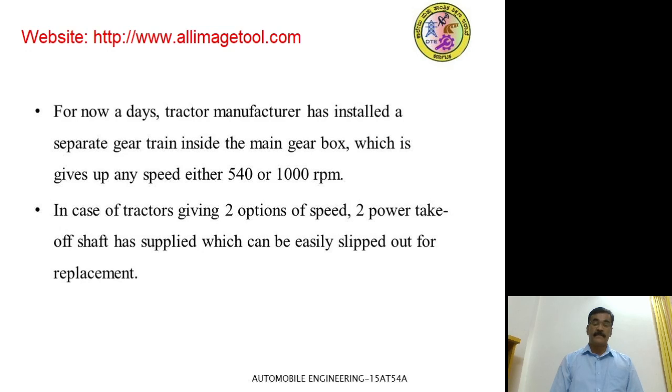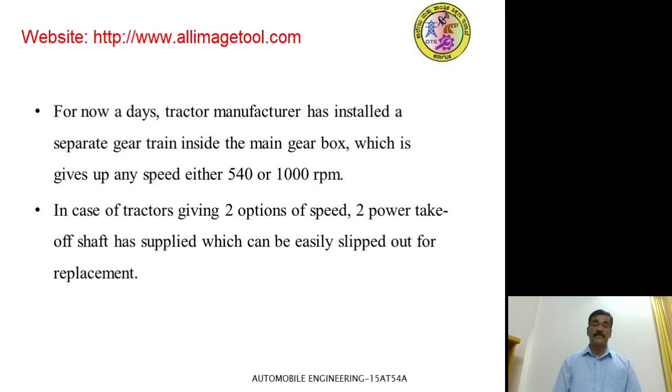Nowadays, tractor manufacturers have installed a separate gear train inside the main gearbox, which gives either 540 or 1000 RPM.